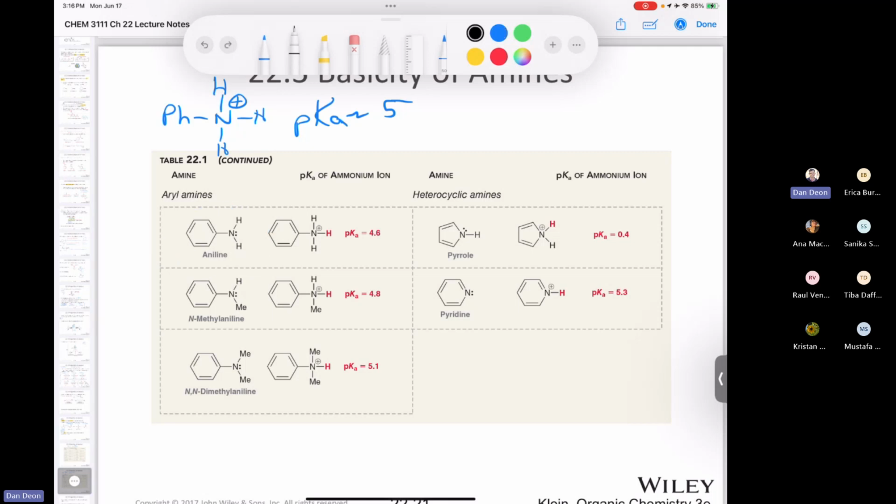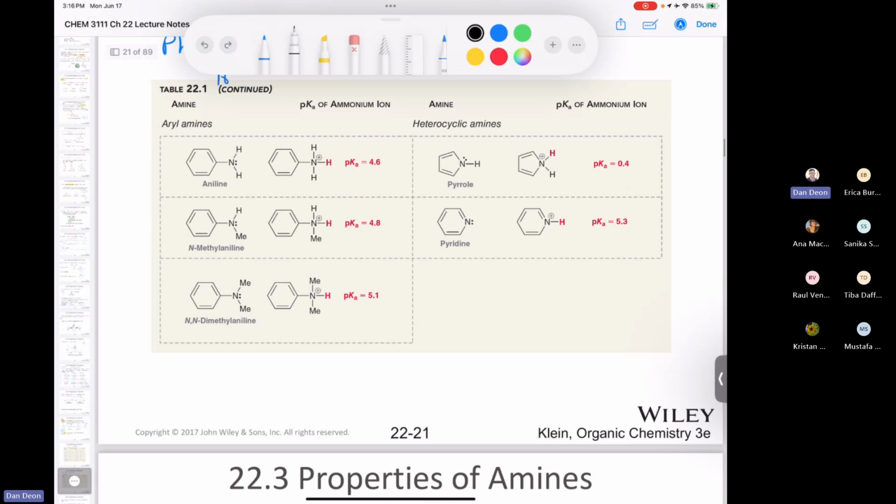If we compare, and this is something that we actually looked at in Organic Chemistry 1, let's say you compare methylamine versus aniline. Which one of those is a stronger base? The answer is methylamine. So if aniline is a weaker base, that means that its ammonium ion is going to be a stronger acid, right?